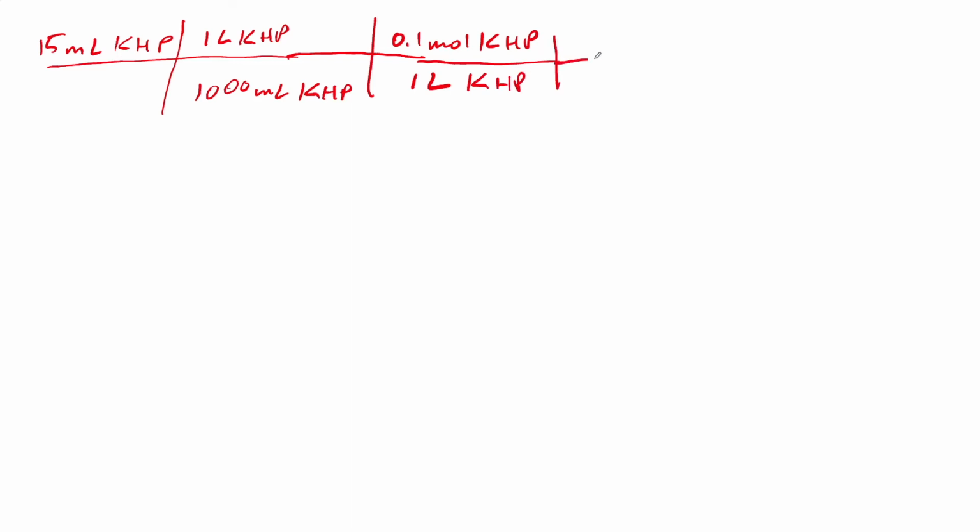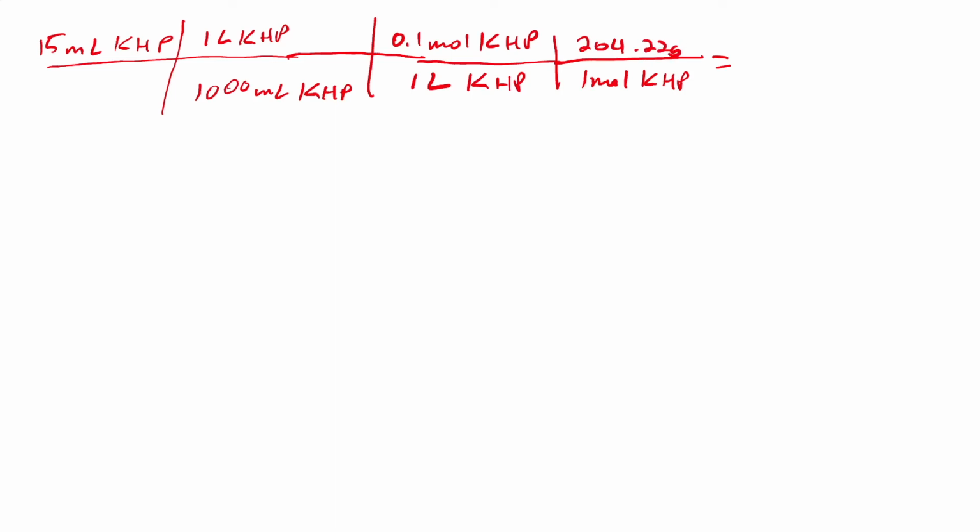And then now you can figure out what the mass is because you have the molecular weight I just gave you, right? So for every 1 mole of KHP, there is how many grams per mole of KHP? Yes, exactly, 204.22 grams of KHP.